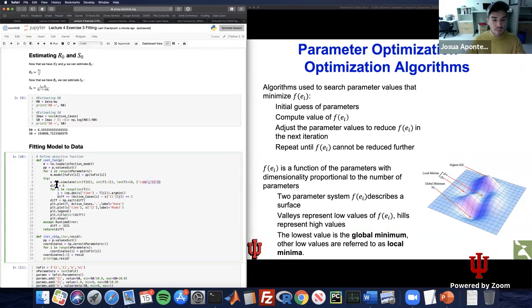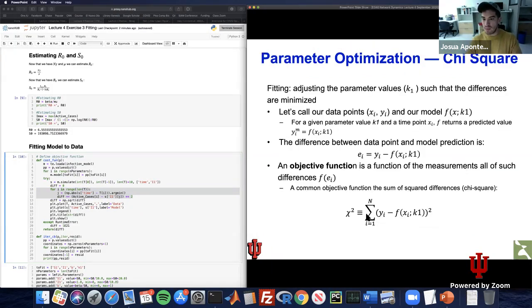Then I simulate the model, right? And then once I've simulated the model, I go over each point in my experimental data set and I compare it to the model prediction, right? I subtract, I get the difference and I square them, which is basically applying this function, going over each point in my experimental data.